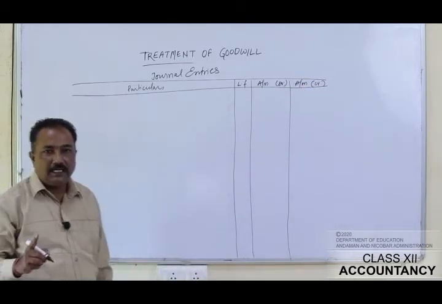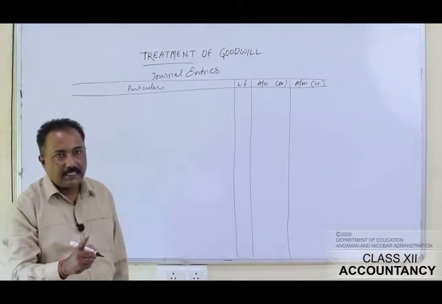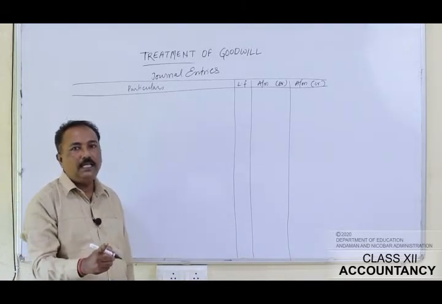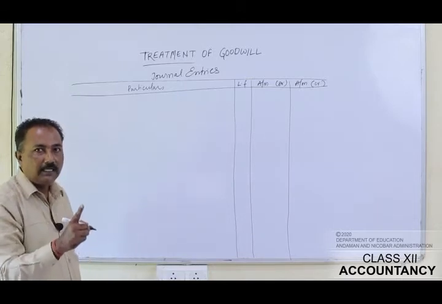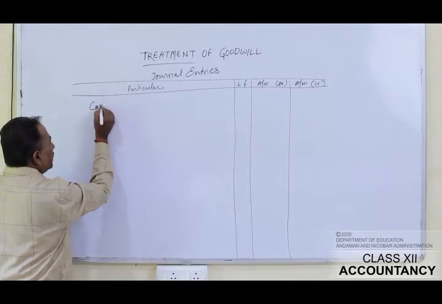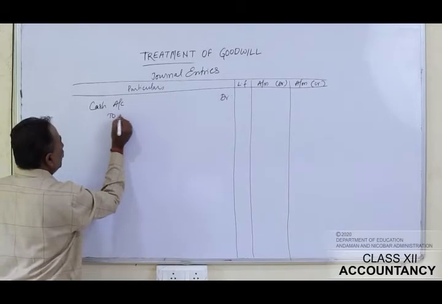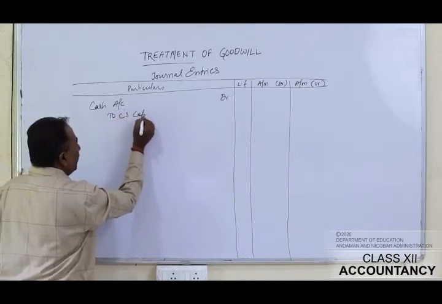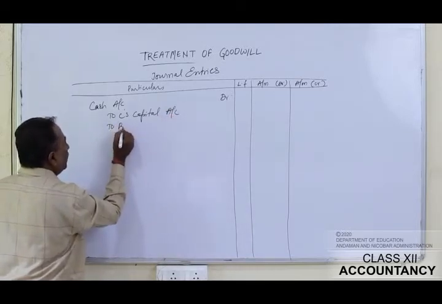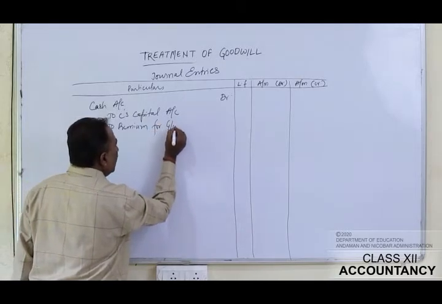The very first journal entry that we will pass is when the new partner, that is C, brings his share capital and his share of goodwill in cash. At that moment, what journal entry will be passed? The journal entry will be cash account debit to C's capital account and to premium for goodwill account.